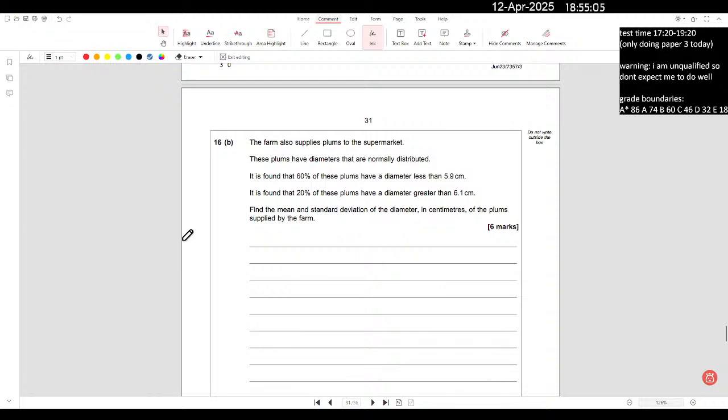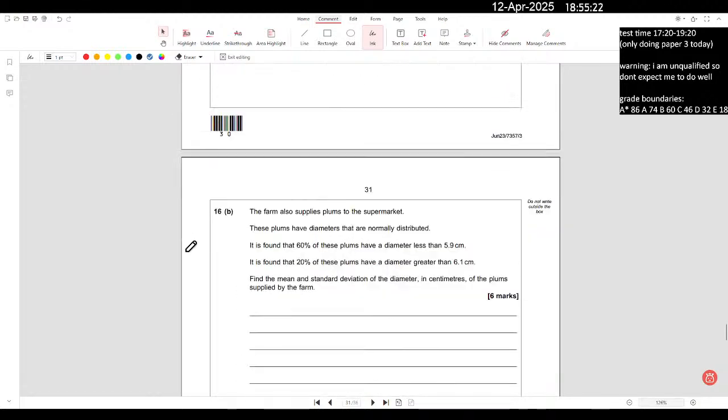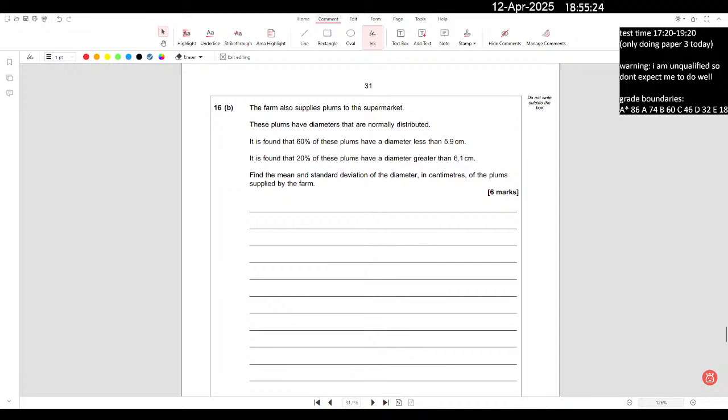The farm also supplies plums to the supermarket. These plums have diameters that are normally distributed. 60% of these plums have a diameter less than 5.9 cm. 20% of the plums have a diameter greater than 6.1 cm. Oh crap. Is there a formula for this?